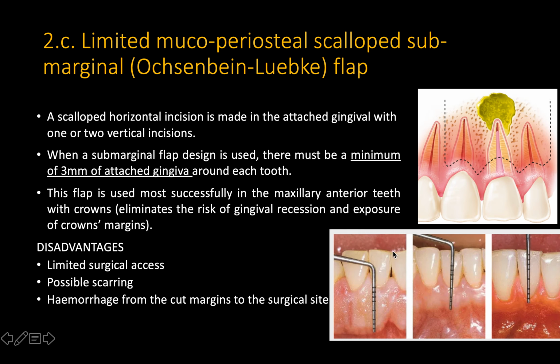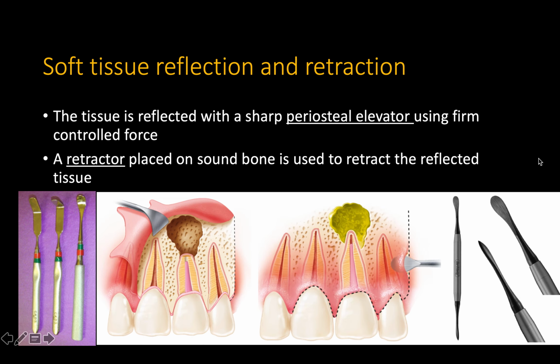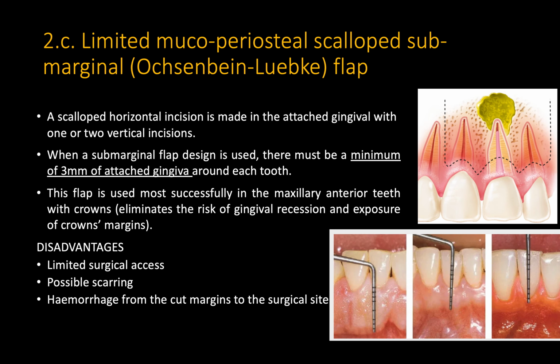And of course there will be hemorrhage in the surgical area because the horizontal incision will be placed perpendicular to the supraperiosteal blood vessels. This is my preferred flap design in most of the surgeries I do.